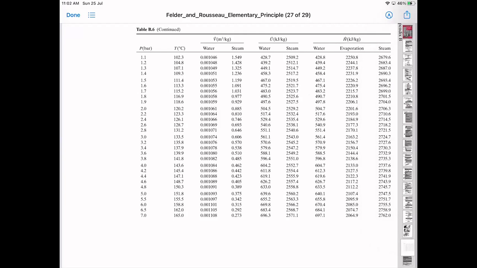The steam is at 1.7 bar, meaning that its temperature is 115.2 degrees Celsius. What is the latent heat of this particular steam from this table? Please calculate and let me know so that we can proceed further. Yes, anyone? Can you find out the value of latent heat of steam?